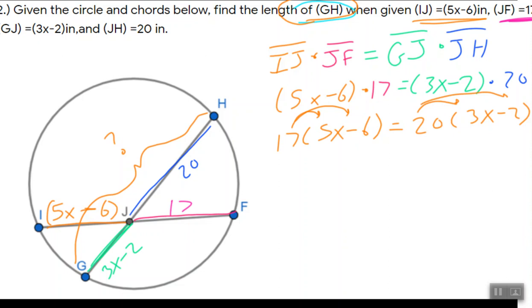Lastly, I would say that GH is equal to 3x minus 2 plus 20. So whatever you find for x, you must plug it into that formula to find your final answer. Alright, let's move on.